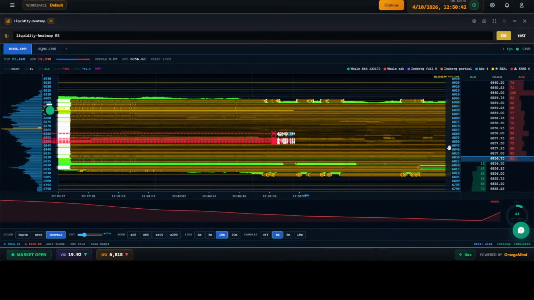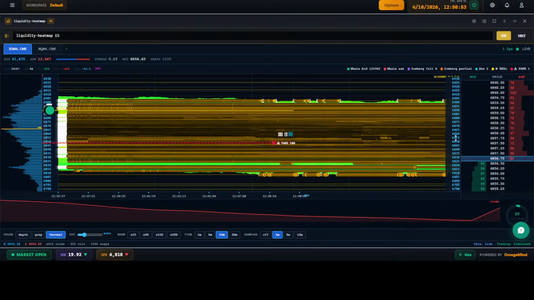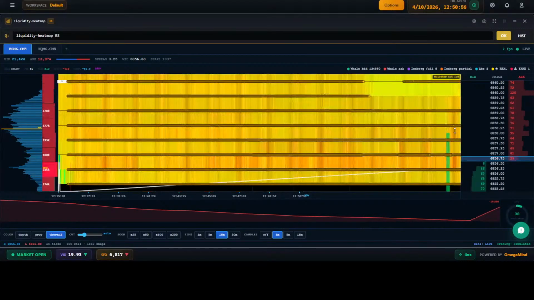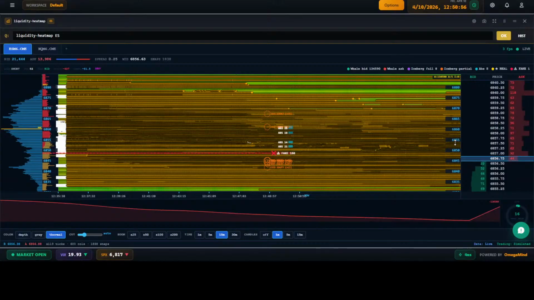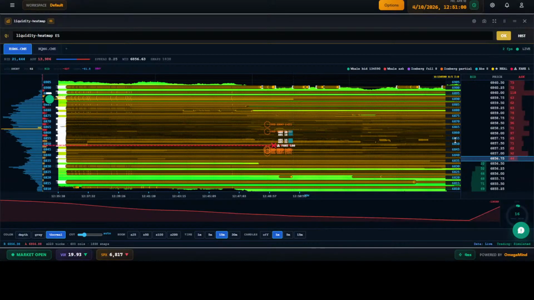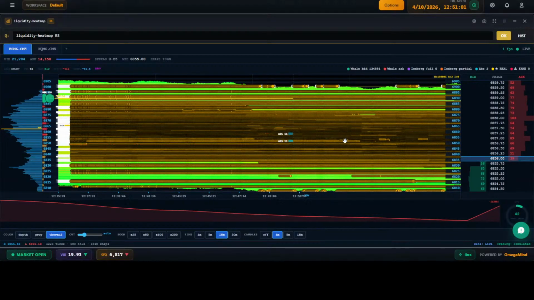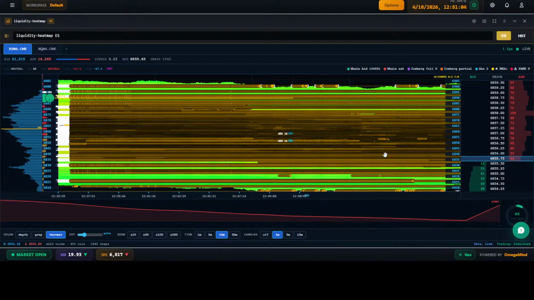Take a look at this. The price is in this area, but you want to see the big picture. You want to see the other sides, no? So you can make a decision where to go, where to trade. If you look at the chart, there are icebergs that show up and disappear on the bottom.